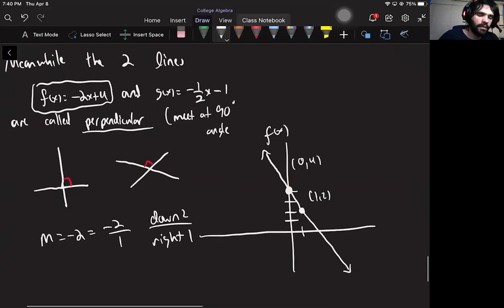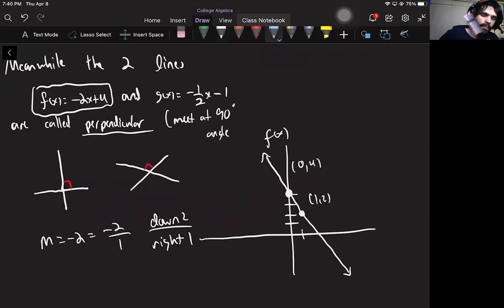Now let's draw g of x. G of x has y-intercept -1, so (0, -1), because when I plug in 0 to this, I get 0 minus 1, which is -1. And then I can use my slope, m equals, oh, sorry, they should not have both been negative. The negative 1/2 is supposed to be positive, or this will not work. Change that. Okay, so m is positive 1/2.